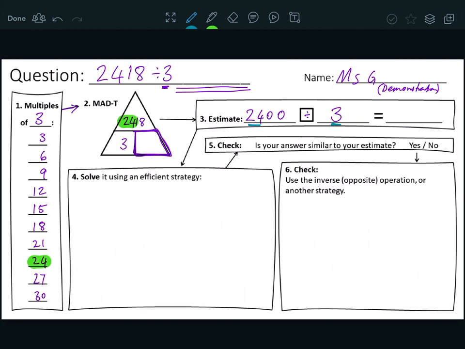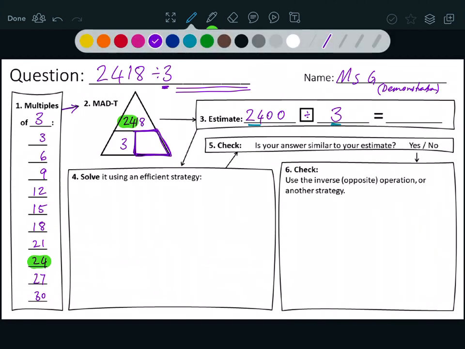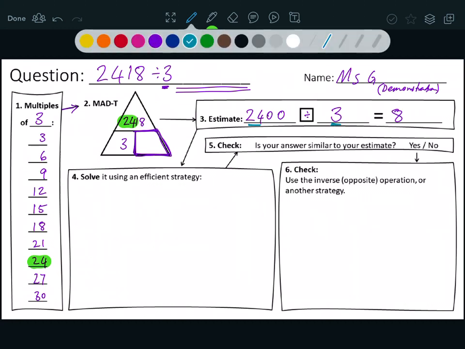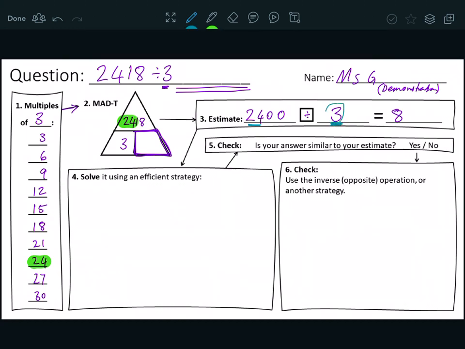So I'm saying now 3 times what is 24. When I do my division, I often do the inverse. So 3 times 8 is 24. What I'm thinking here is 3 multiplied by 8 is 24. That's what I do when I do my extended facts.